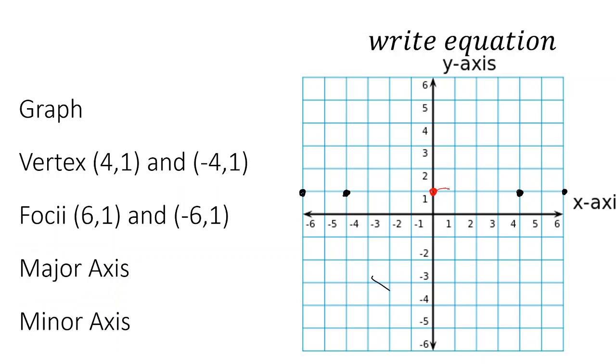Okay, check this out. 1, 2, 3, 4. 1, 2, 3, 4. Right? So that's the middle of this equation. So I'm thinking that the center of this guy is going to be at 0, 1. That's important.